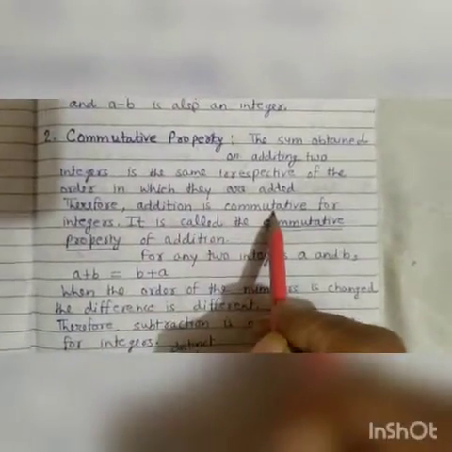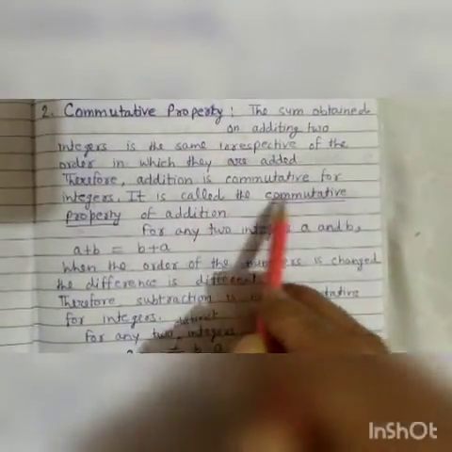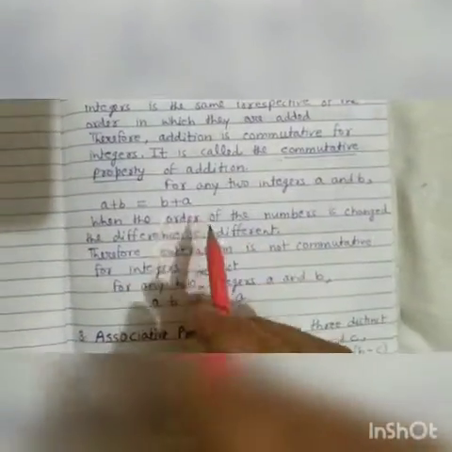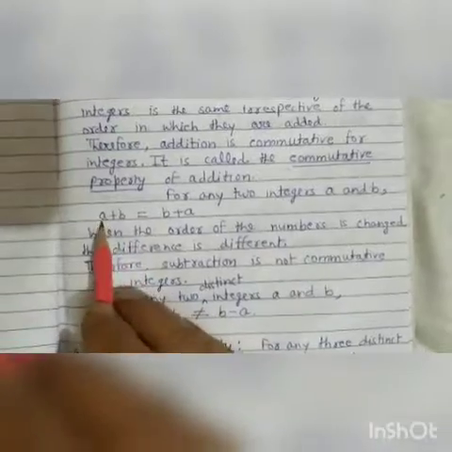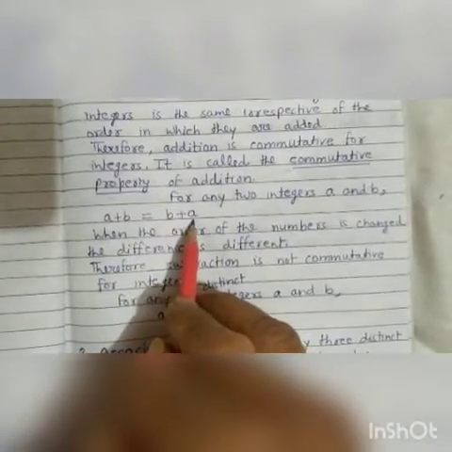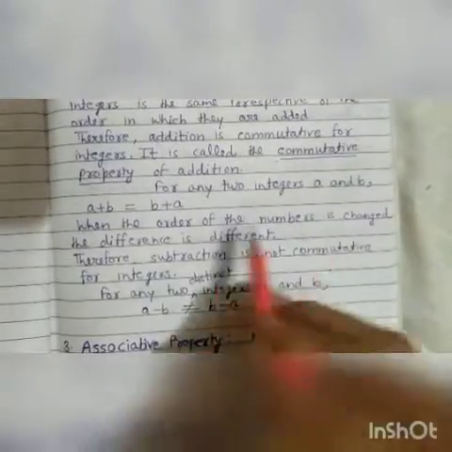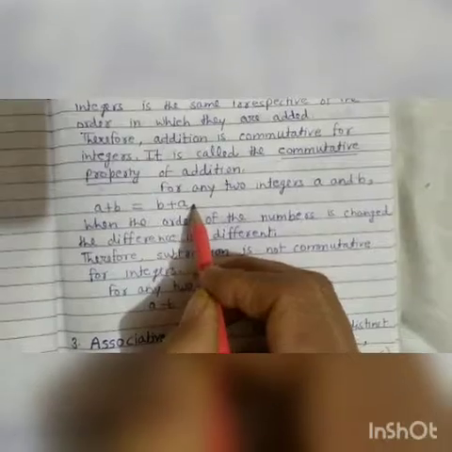Therefore, addition is commutative for integers. It is called the commutative property of addition. For any two integers a and b, a plus b is equal to b plus a. This is for addition.